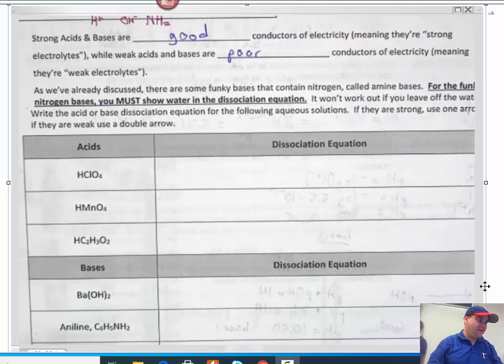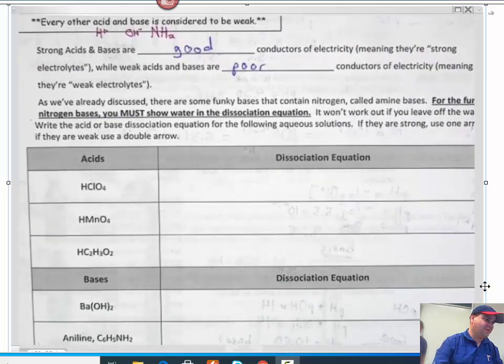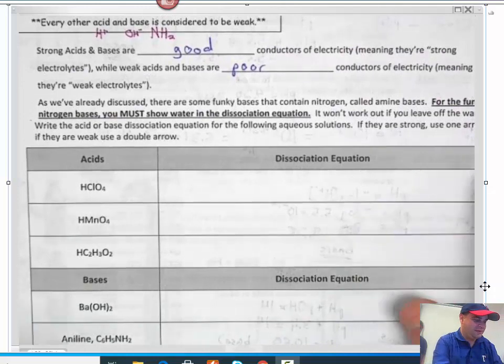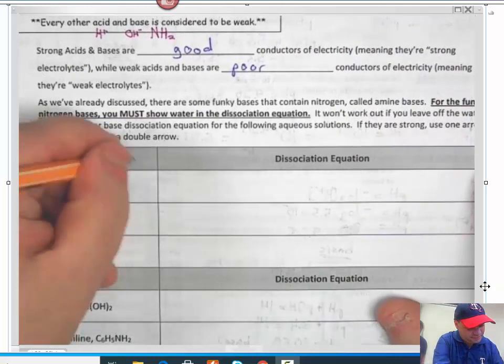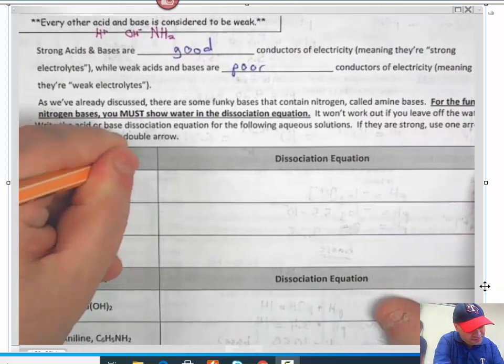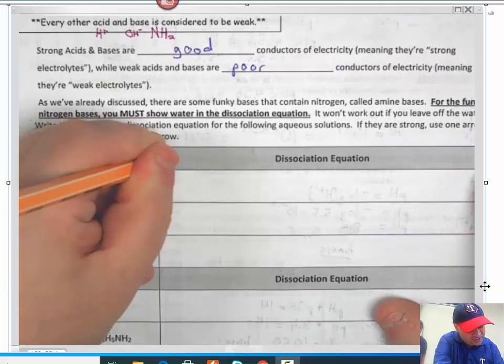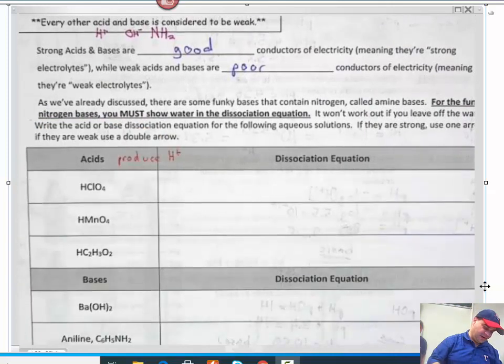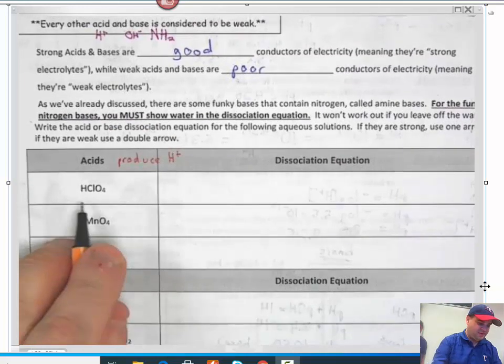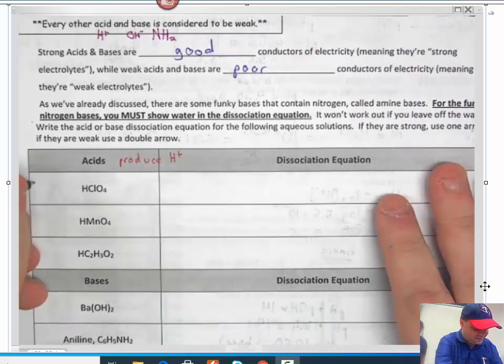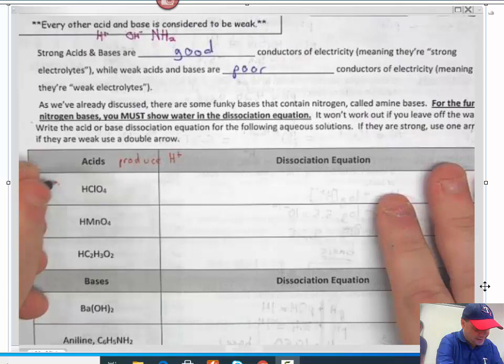Okay, so here we go. We are going to do our dissociation equations here. Okay, remember, acids produce H plus, according to Arrhenius. HClO4 is a strong acid.